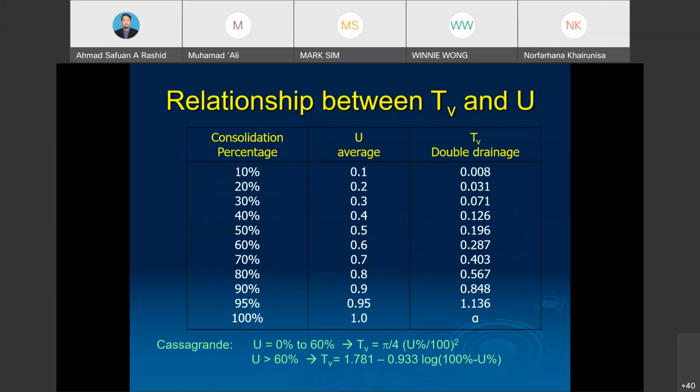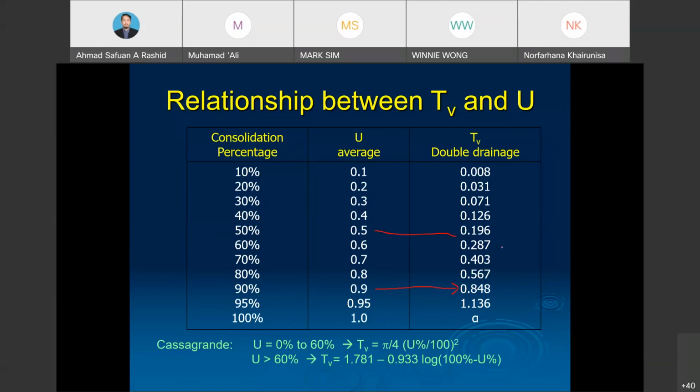This is the value for the drainage, the value of the percentage consolidation, with the U degree of consolidation and also the Tv for the double drainage. For T90, the Tv is equal to 0.848, while for T50, the value of the Tv is equal to 0.196.